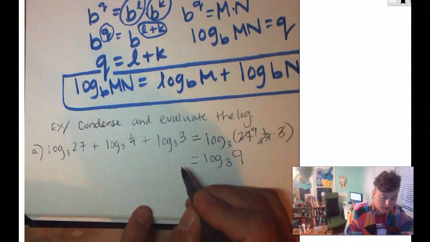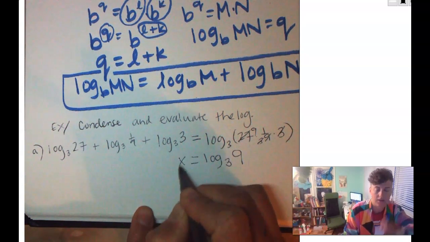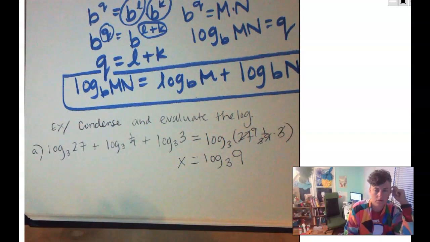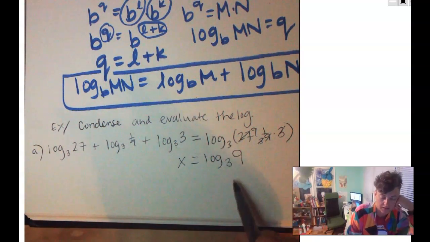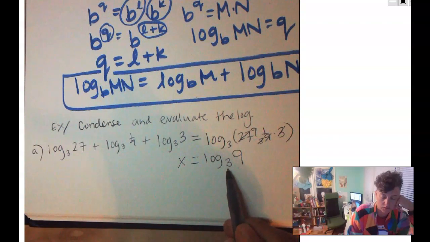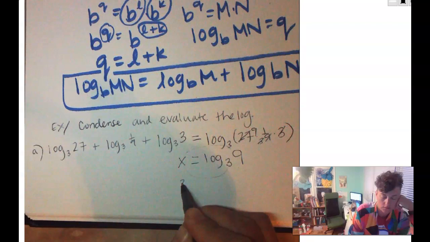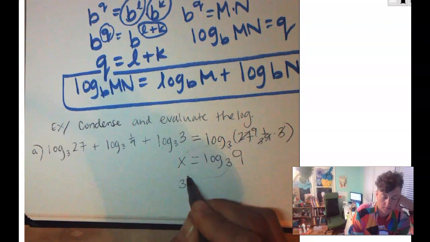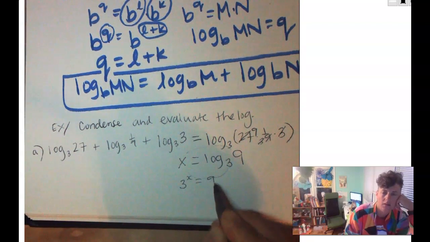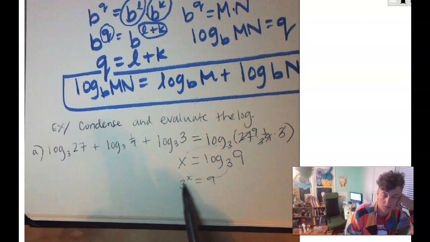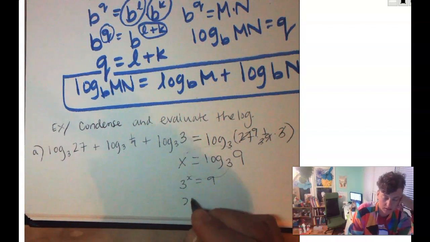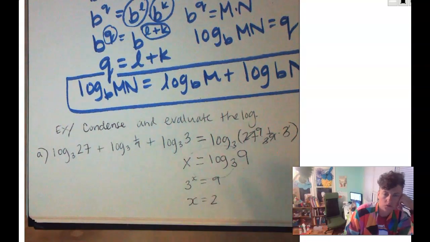What does that equal? Switch this back to exponential form. This will say 3 to the x equals 9. Well, we know this. 3 squared equals 9, so x must equal 2.